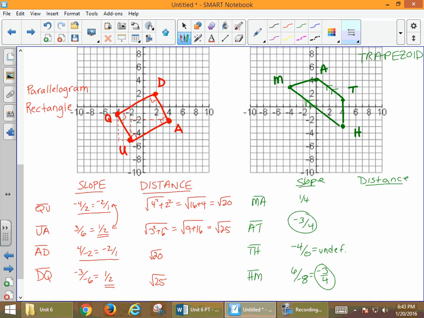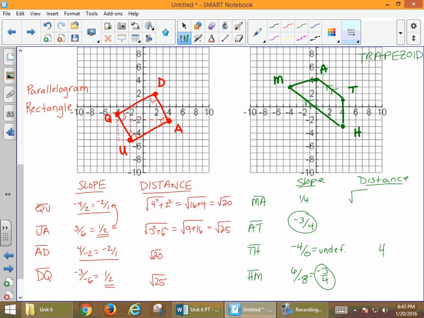Now I'm going to check to see, is the trapezoid isosceles? So I know this, AT and MH are not going to be the same length. I can see that, that's very easy. I am only going to check the length of MA and the length of TH. The length of TH is easy, I can count. That is 4 units. Now I'm going to find the distance of MA, the square root.